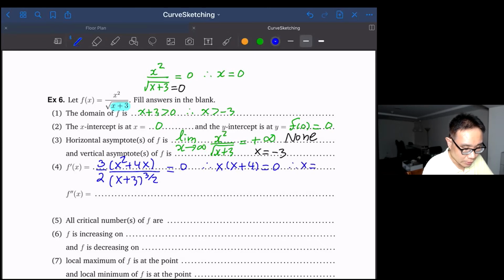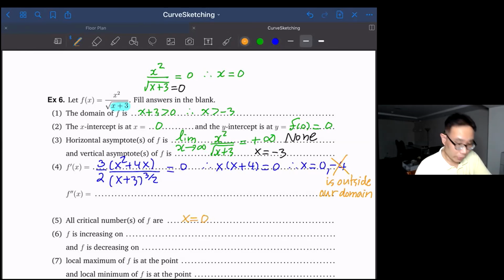So you get x equal to 0 and negative 4. However, negative 4 is outside the domain. Okay, so we do not include x equal to negative 4. So we're going to answer the critical number, which turns out to be just x equal to 0.